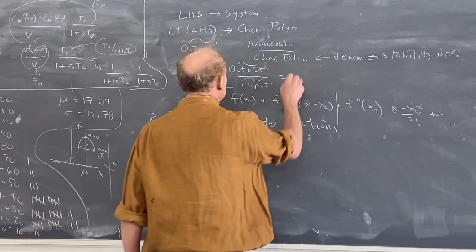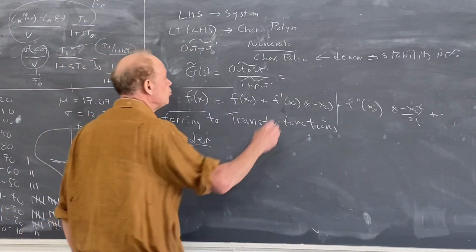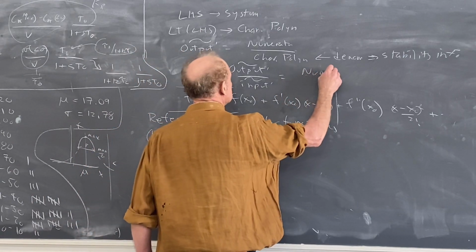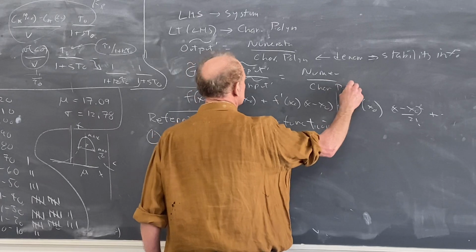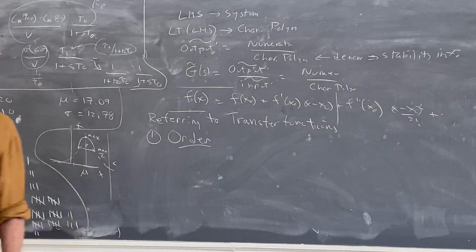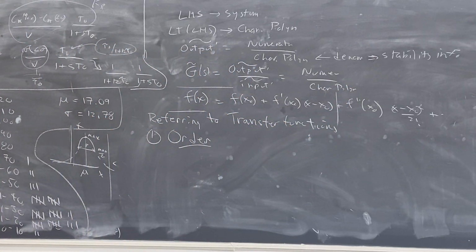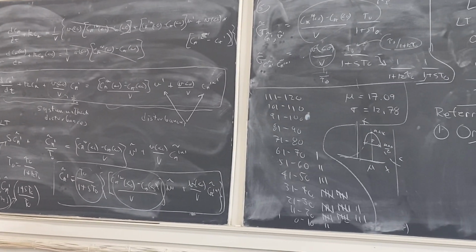Well, that's going to be, again, the numerator over some characteristic polynomial. And what is the input prime tilde? Well, the input prime tilde, this guy, or this guy, if they're delta inputs, it's just a constant.